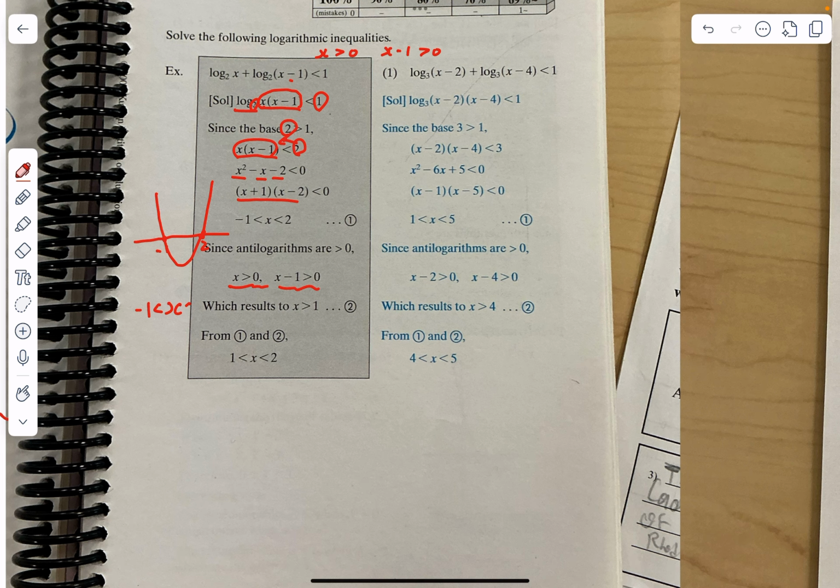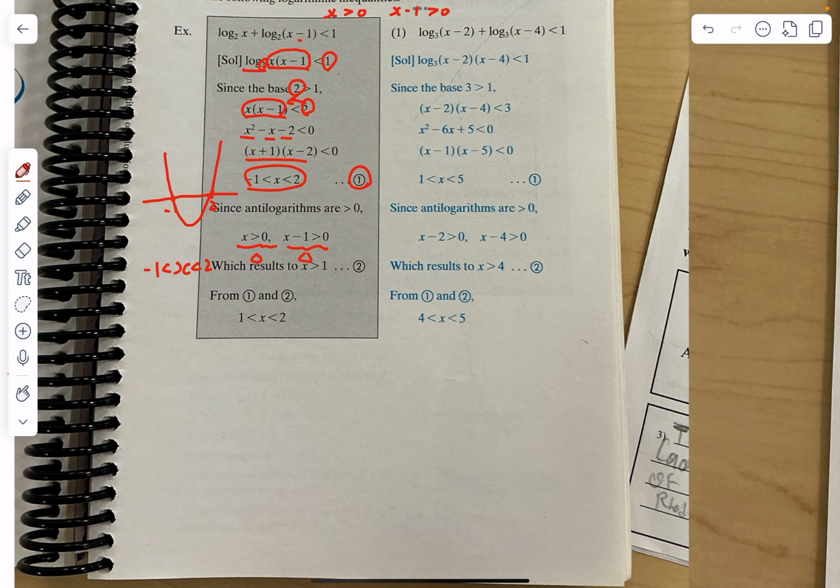That's how we get that. So once we know this is number 1, remember, we talked about how the anti-log has to be greater than 0, which is x greater than 0, x minus 1 greater than 0. So once we figure that out, the result needs to be x greater than 1. So as a conclusion, from x in between -1 and 2, and also x greater than 1, we will eventually get 1 smaller than x smaller than 2.